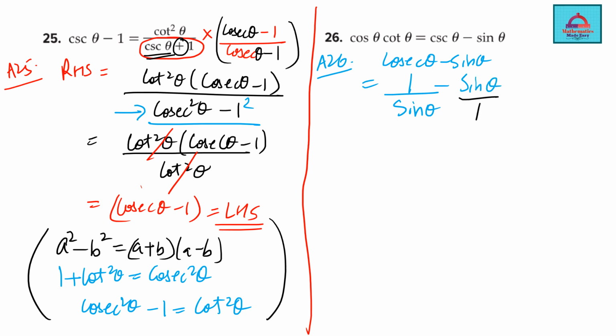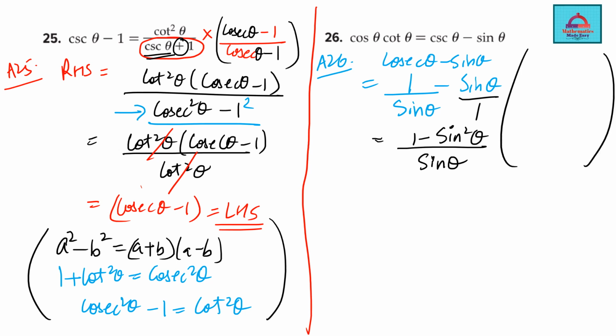To do that, I'll take the LCM as sine theta, and the numerator will change to 1 minus sine square theta. So let's write in brackets what we used. First I used the reciprocal for cosecant. Then I also used the LCM, which can be written by this general rule: we make the denominators equal and combine the numerators.